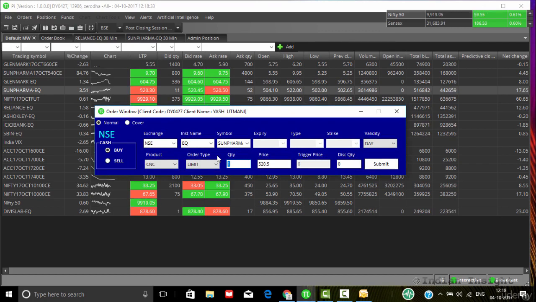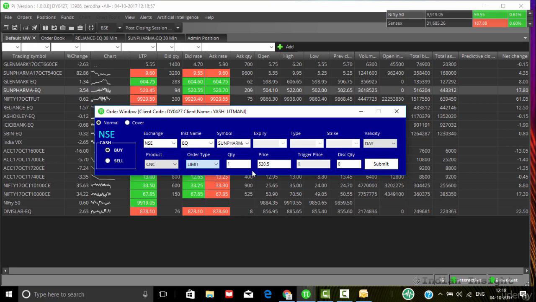In case of a simple buy order, you just select the exchange, the product type, select the symbol of the security. In this case, it is Sun Pharma, because I have selected this on my market screen here. You mention the order type. It may be a limit order, a market order, a stop loss order, or a stop loss market order. Now I assume you know these basic order types.